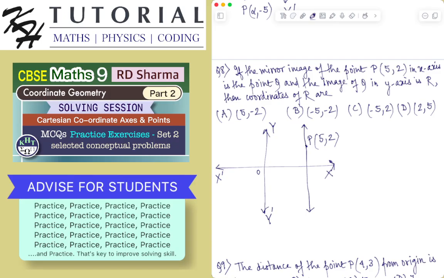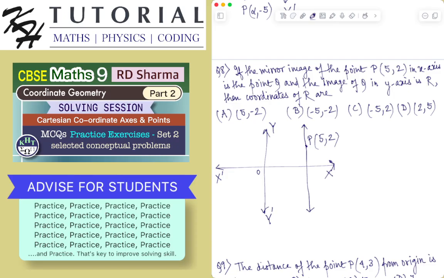Now the image of the point P will be along this line, and it will be below the x-axis. Since the point P is above the x-axis, its image will be below the x-axis at the same distance as P is from the x-axis.